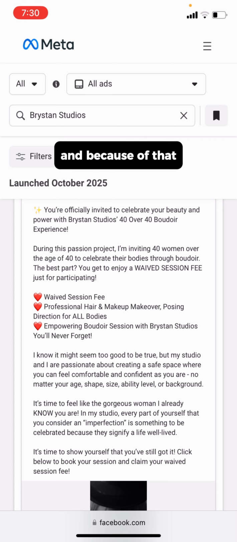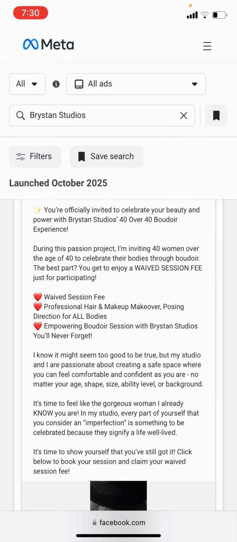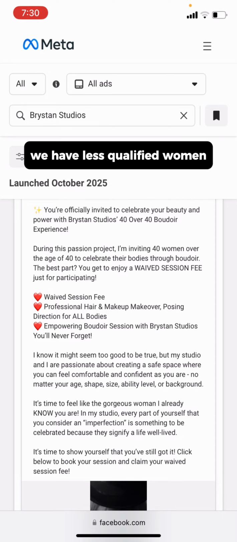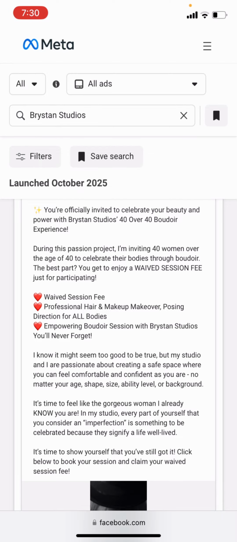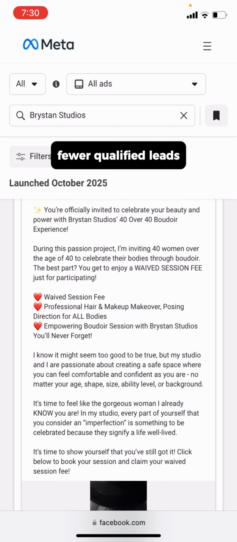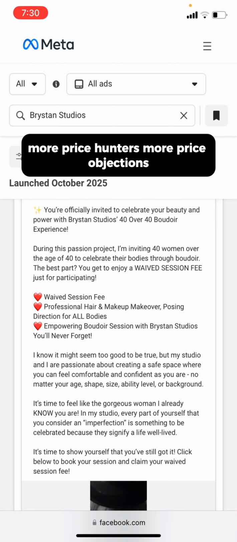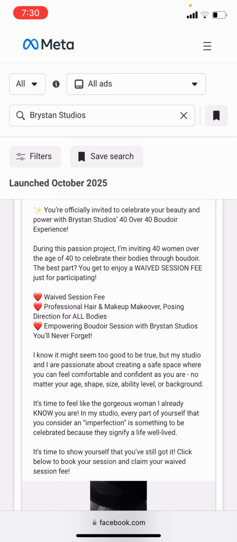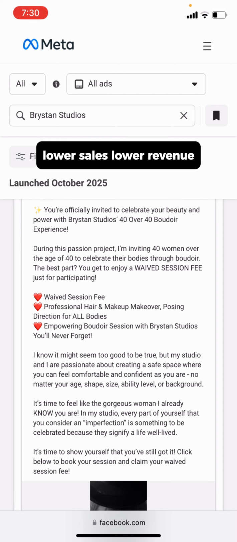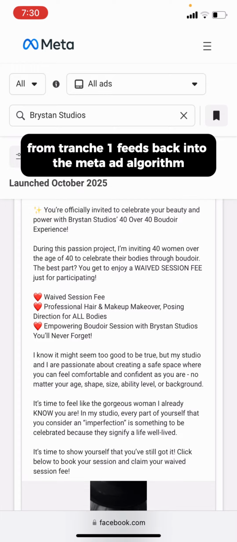And because of that, we're going to have less qualified women coming through the ad. So fewer qualified leads, lower qualified bookings, lower qualified sales calls, more price hunters, more price objections, more tire kickers, more ghosting, lower sales, lower revenue, lower conversions, lower ROAS from tranche 1.